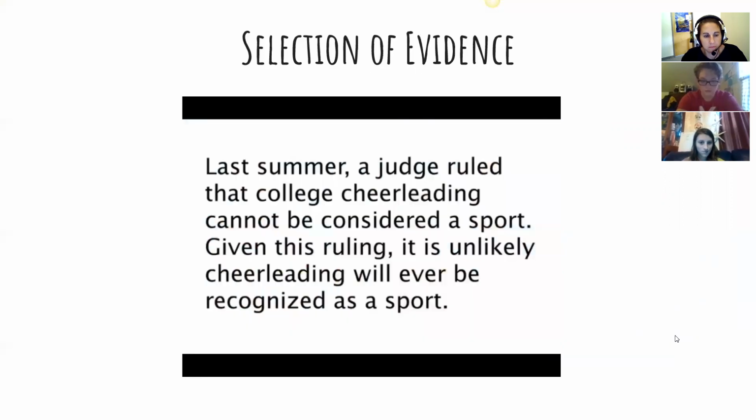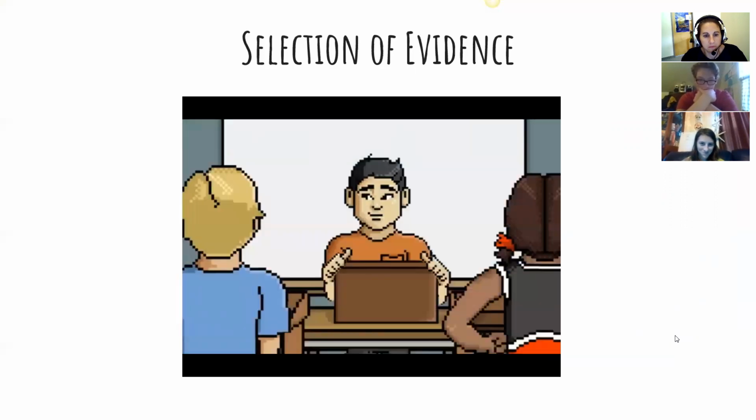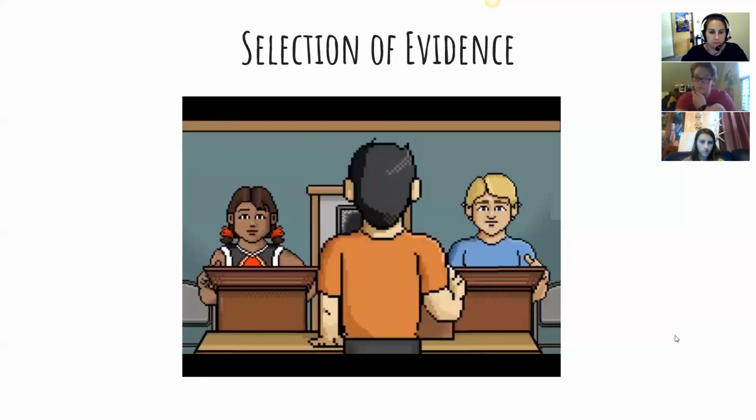Finally, it says here, last summer, a judge ruled that college cheerleading cannot be considered a sport. The part about the judge's ruling is indeed a fact. But the part where you say it is unlikely cheerleading will ever be recognized, can that be proven true? I guess not, but... It seems like you made a reasoned judgment here. That's right. He drew his own conclusion based on the fact. But another person might not make the same reasoned judgment. I rule for the cheerleaders. We won! Do I have to write a retraction?